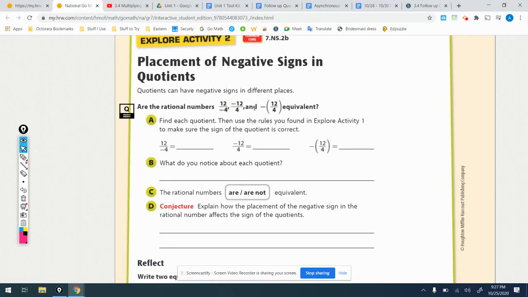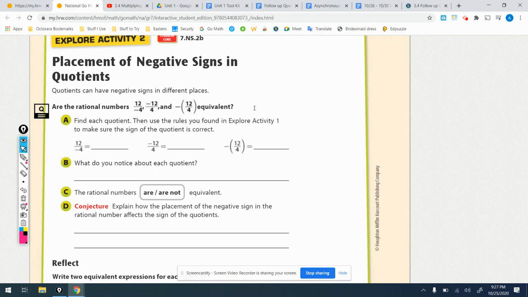So we're going to jump down, and we are going to look at letter A right here. 12 divided by negative 4.